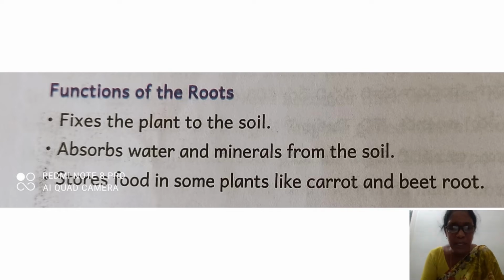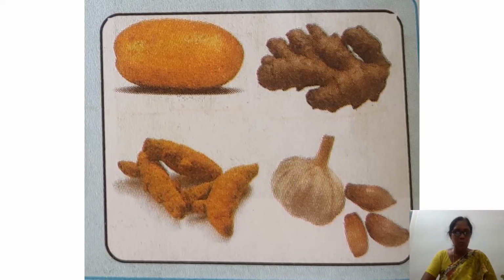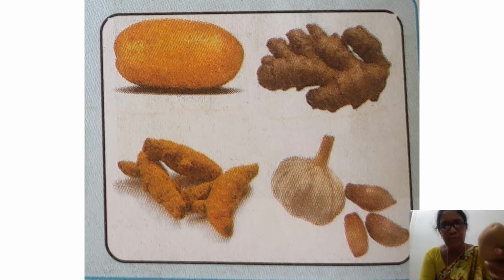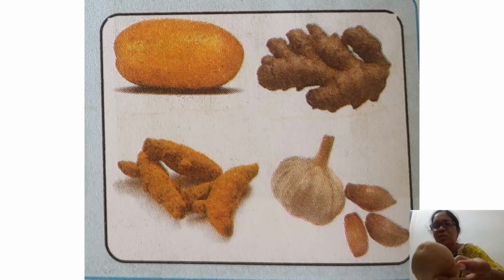Okay, do we go for the next picture? Look here. See, what's this? What's this? Potato. This is ginger. This is nothing but a stem. Potato is a stem.